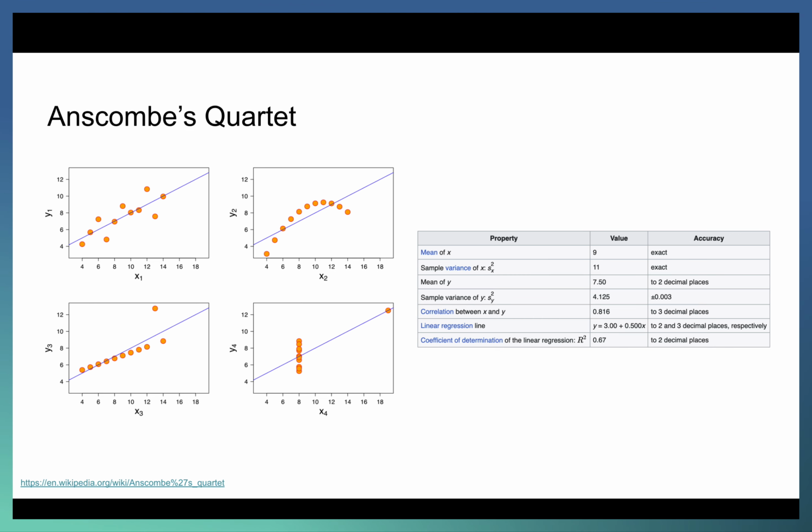So if you're not familiar with all of these statistics, it's not really important. What is important here is that if we were to analyze these data sets exclusively through these summary statistics, we would completely lose the details that are so dramatically different in these 4 data sets.